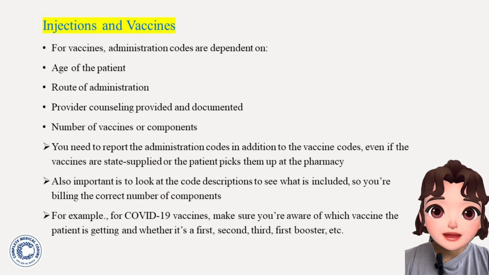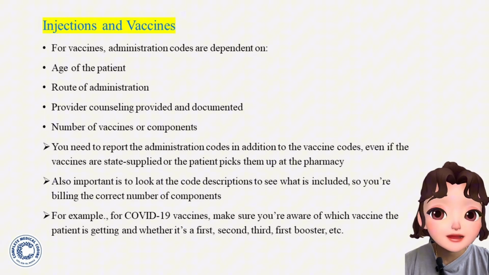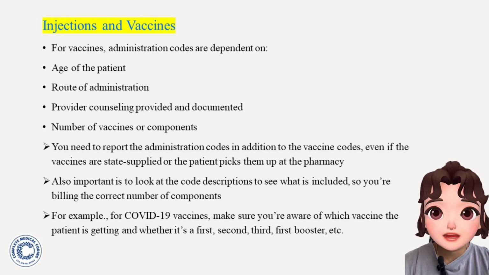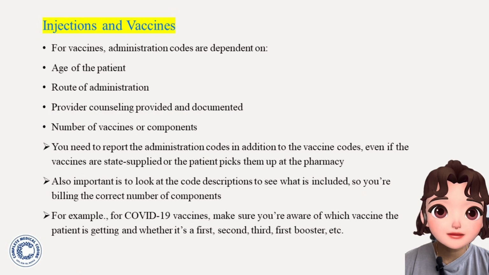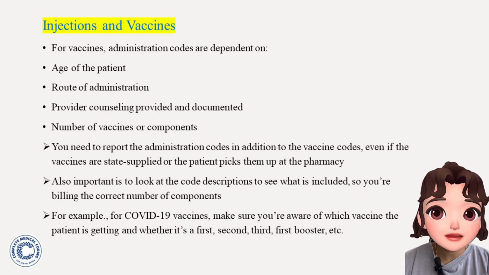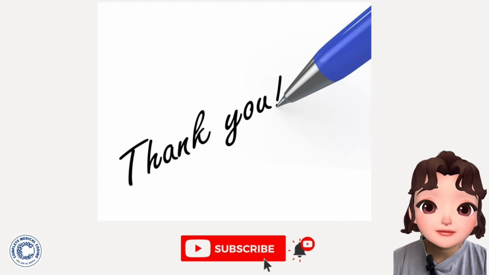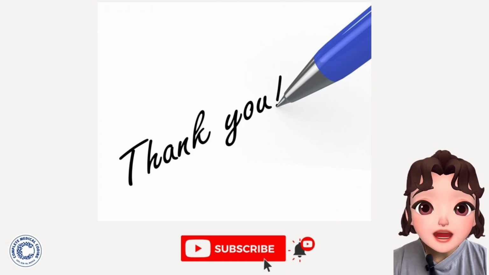This is an example. For COVID-19 vaccines, make sure you are aware of which vaccine the patient is getting. For COVID-19, there are different types of vaccines. Also check whether it is the first shot, second shot, third shot, or first booster, etc. So these are a few very important guidelines from the topic of infusion, hydration and injections.